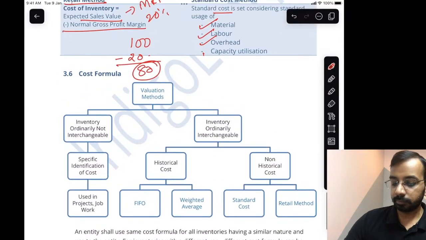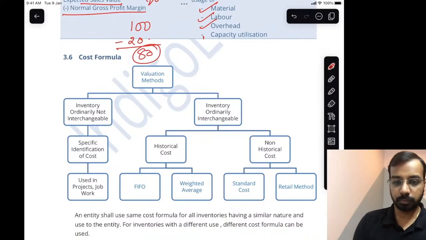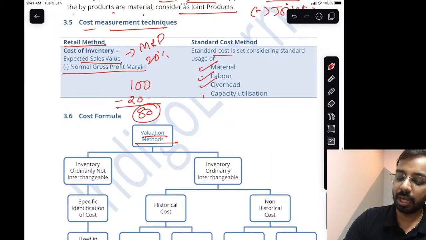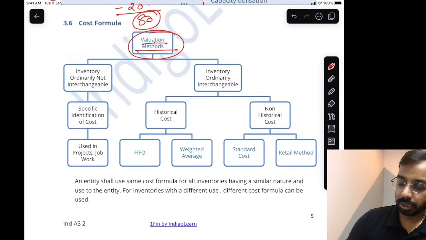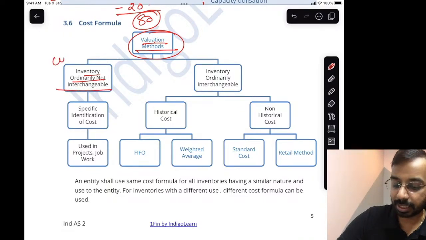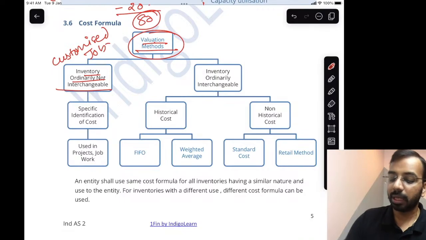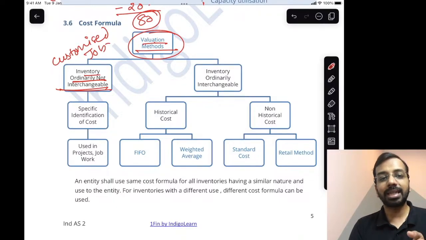Now, when you have lots of inventories, the other thing is, how do I value the inventory? Now, if you have multiple products that come up, if the inventory is not ordinarily interchangeable, something like customized work or something like job work, let us say customized furniture, when inventory is not interchangeable, the product that I have produced, I cannot exchange with another product.